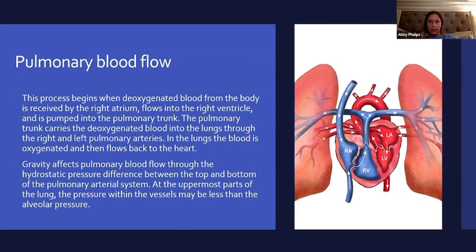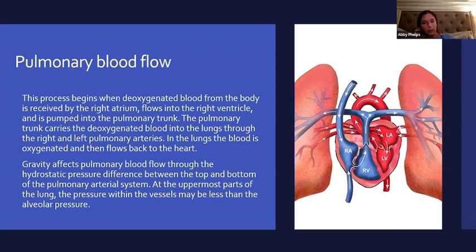In the lungs, the blood is oxygenated and then will flow back to the heart. Then it'll go through the left atrium, through the left ventricle, and then through the aorta.